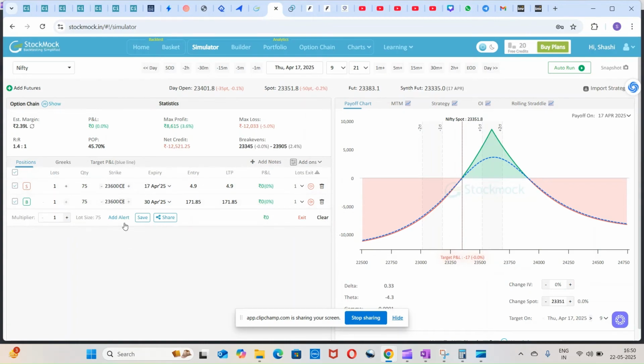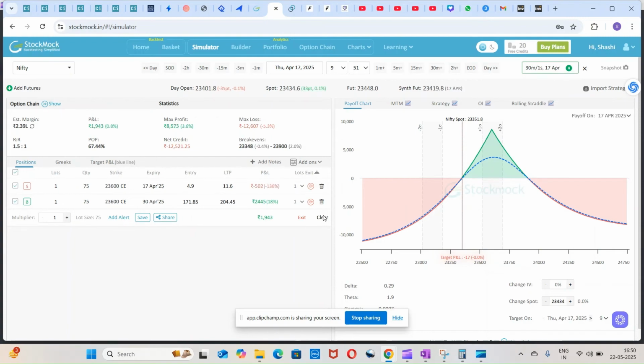In case the market moves, the movement here will be very fast, so you'll make good money here and lose less there. That's the basic logic in this long calendar with calls. Here we are taking a directional strategy, so we are assuming that the market is going to be bullish. You need to have a direction, a view, before you deploy these strategies.